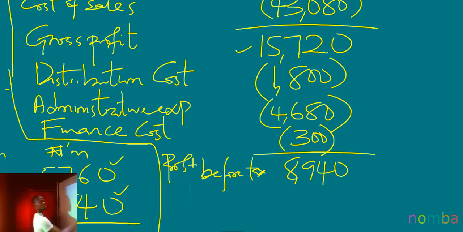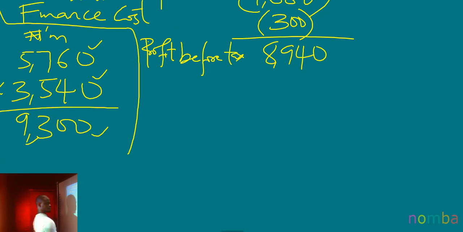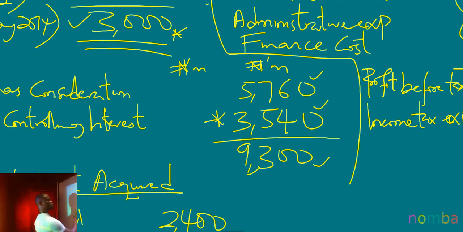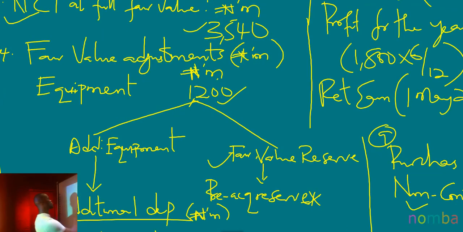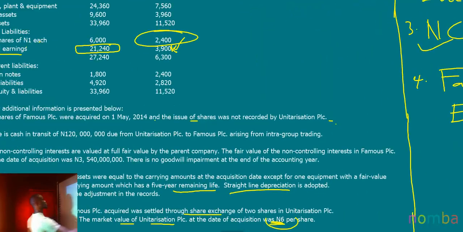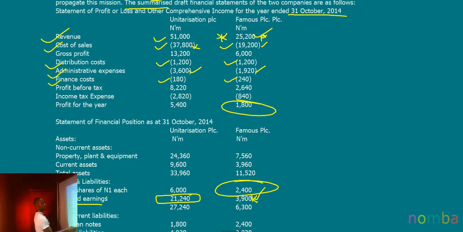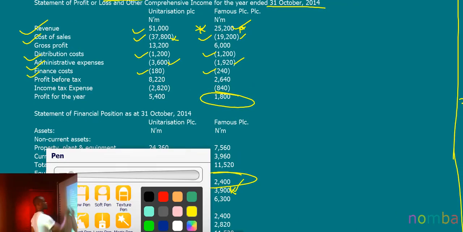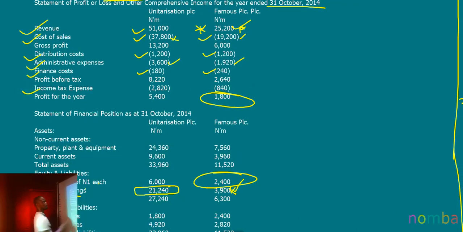Now I have here 8,940. Now from there, I'll deduct income tax expense. Then I go back to the question to pick up my income tax expense. And from the question, my income tax expense, which is this, for Unitarization was 2,820. For Famous was 840.